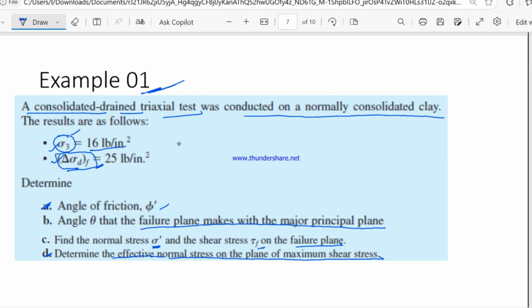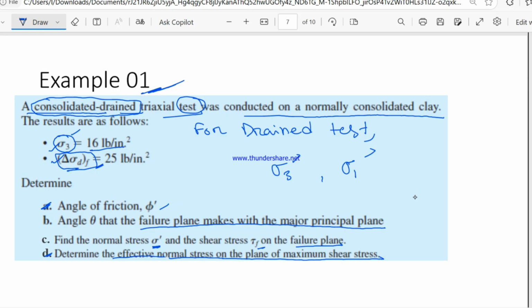Okay, as our question is for a consolidated drained test, please remember that for a drained test we have to use sigma 3 prime and sigma 1 prime, and for an undrained test we have to use sigma 3 and sigma 1.